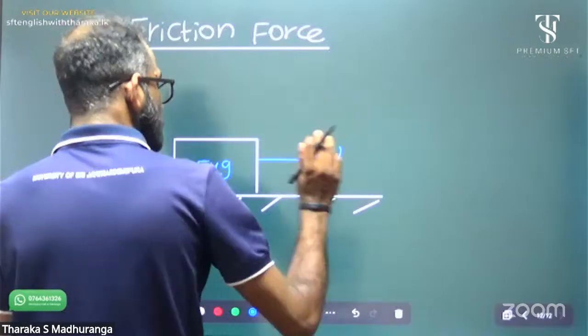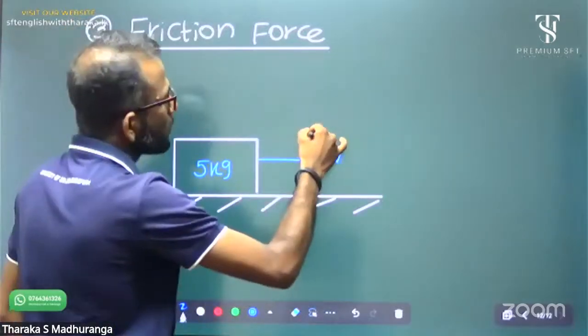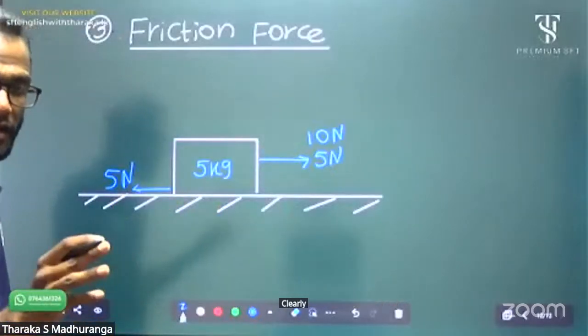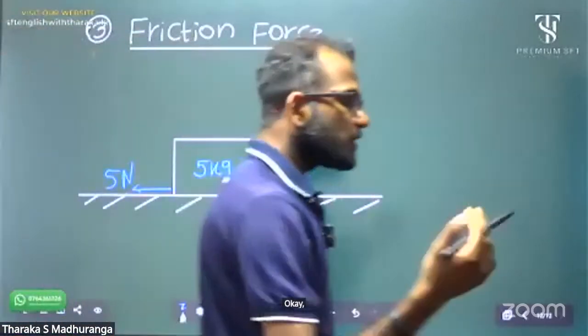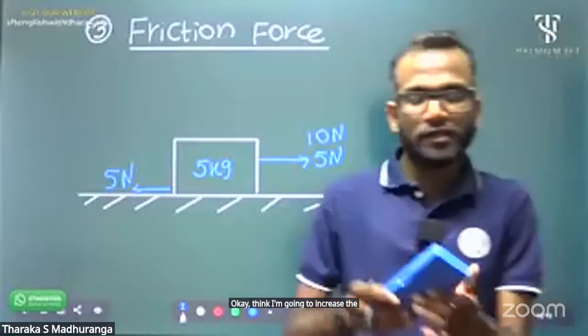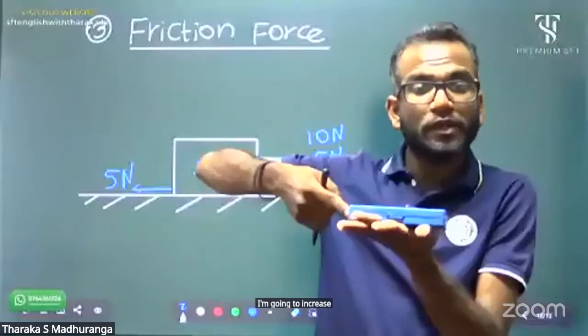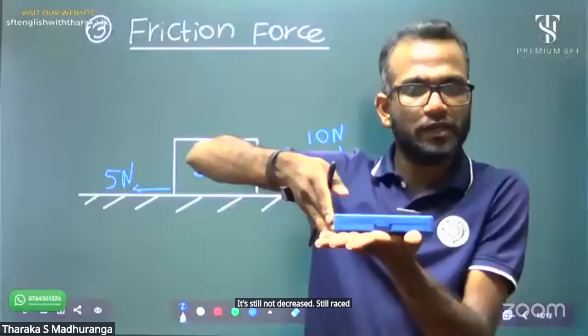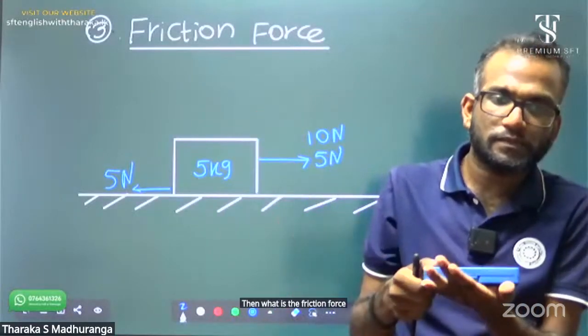Hurry. Think, now I am going to increase this applied force up to 10 Newton. Clearly understand. Still the object is at rest, not moving. Then what is the friction force?